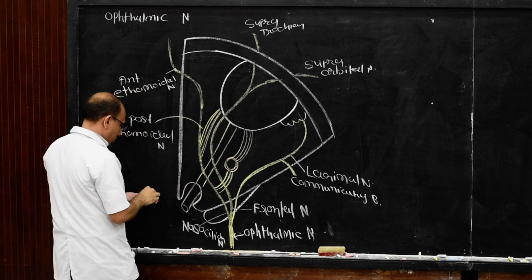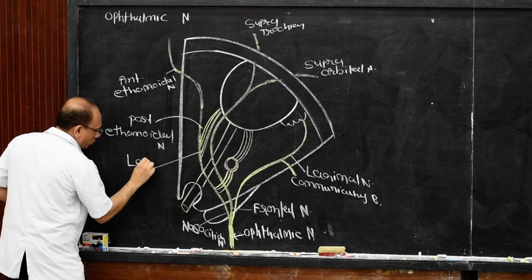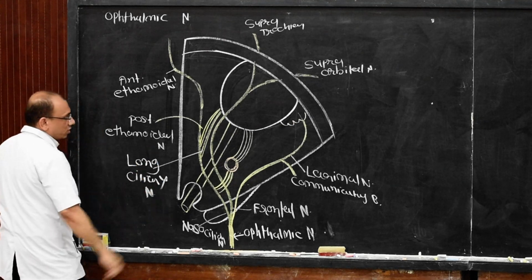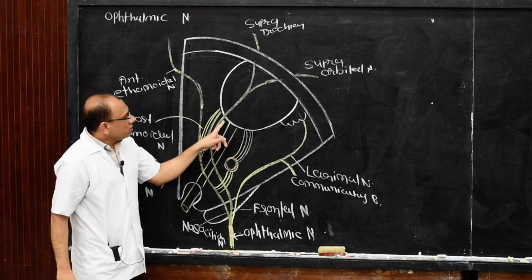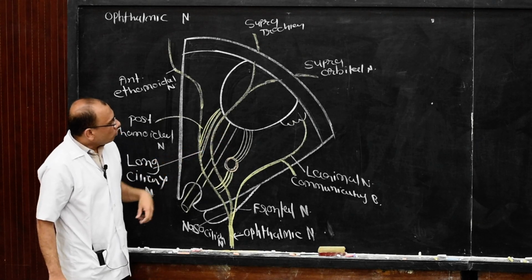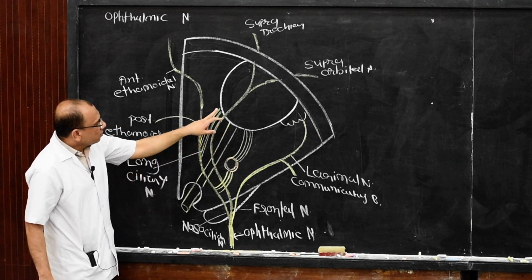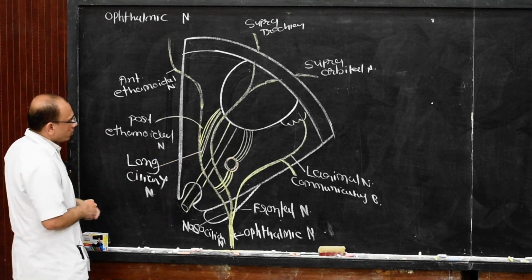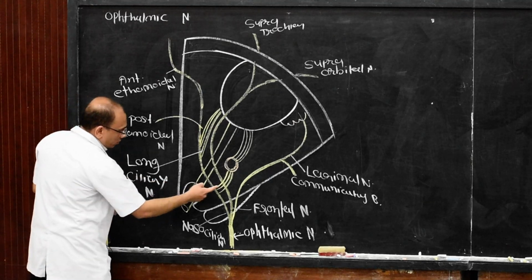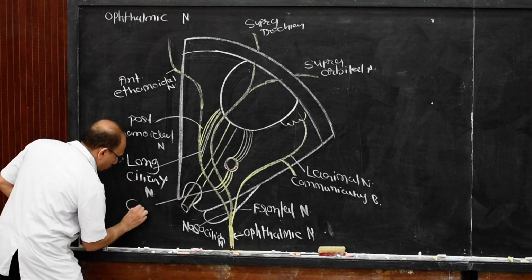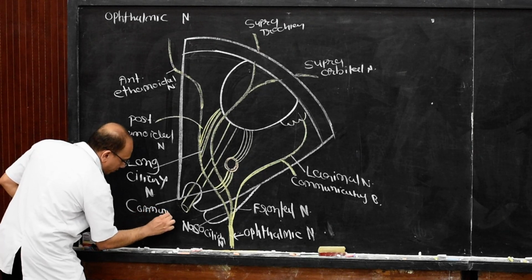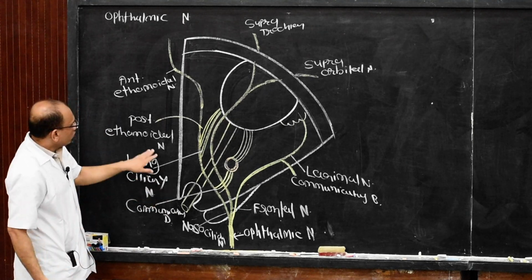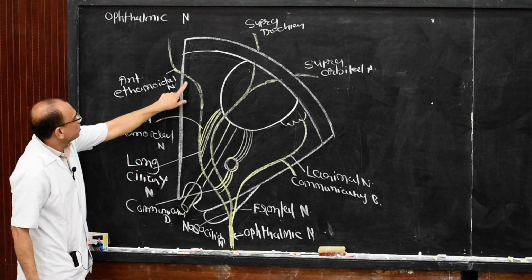These are the long ciliary branches. The long ciliary nerve is a branch of the nasociliary nerve which pierces the sclera at the side of the optic nerve and brings the different types of sensation from the eyeball. So a communicating branch, then the long ciliary nerve, the posterior ethmoidal nerve, and the continuing anterior ethmoidal nerve.